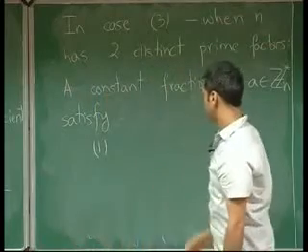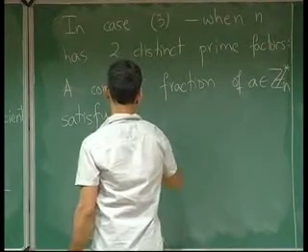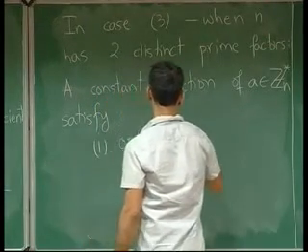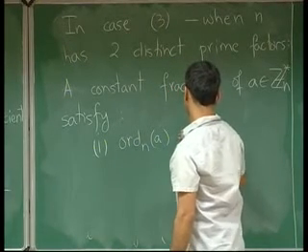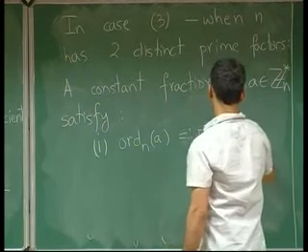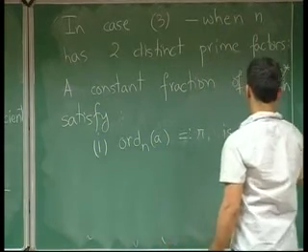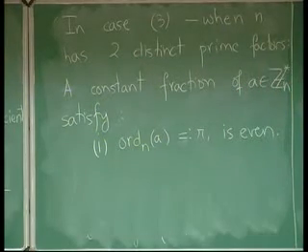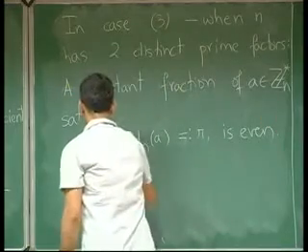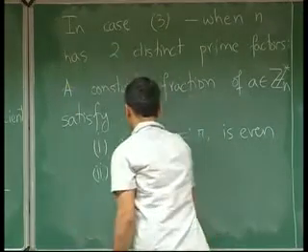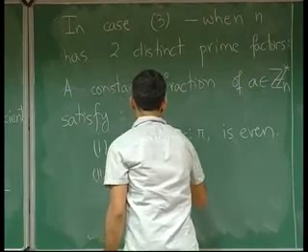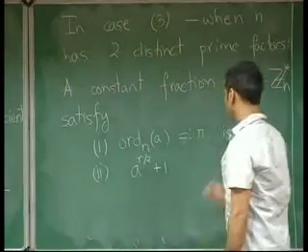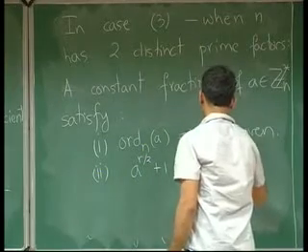One, that the order with respect to n of a, let's call it r, is even. And two, a to the r over 2 plus 1 shares a non-trivial factor with n.